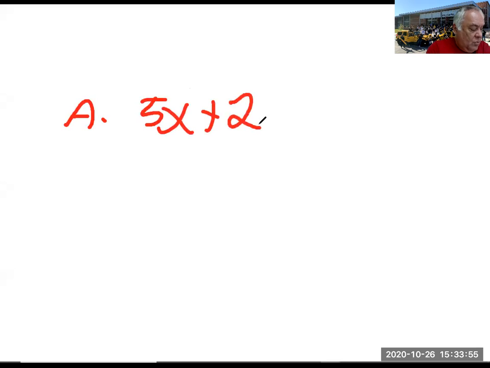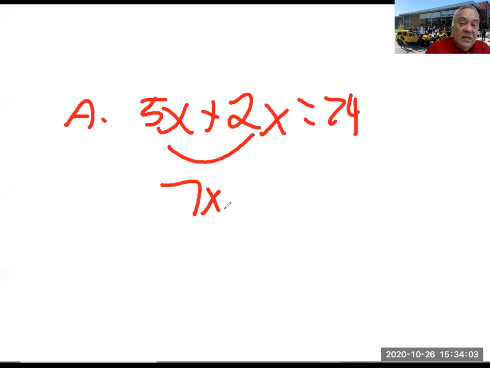For number 29, you can do the same thing. It has a table, and you can just start plugging in numbers if you want. So (2, 7). So look at answer choice A. x plus 2x equals 20. Be careful. 5x plus 2x is 7x. Is equal to 24. Okay.